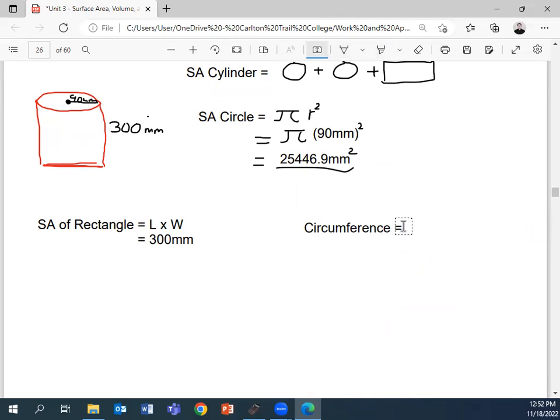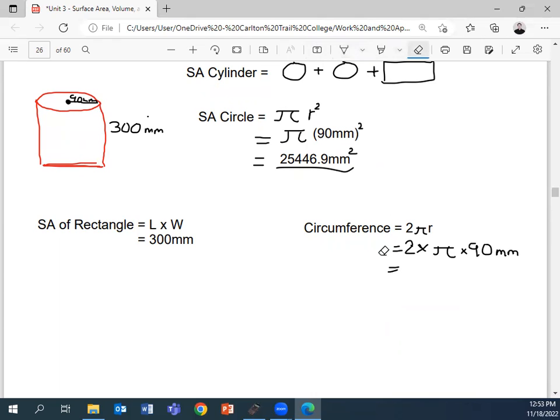Circumference is just equal to 2 times pi times r. So that's 2 times pi. What's my radius, Kimberly? 90 millimeters, you betcha.